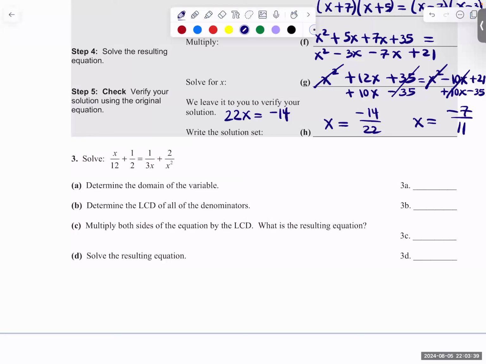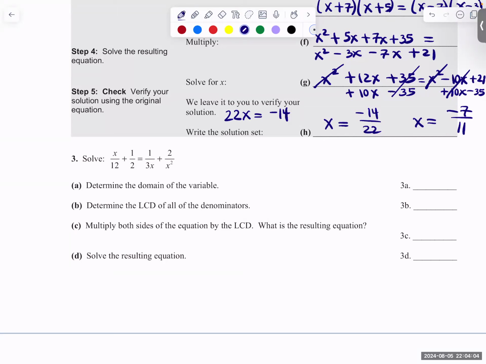Number 3, solve the rational equation. First, part A, determine the domain, which is generally all real numbers possible except for denominator restrictions. Now we have to restrict 0 from being a solution, because if we substituted 0, we would have two expressions with division by 0, which is undefined.